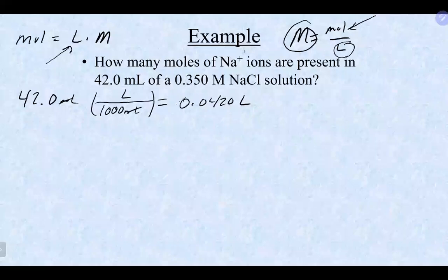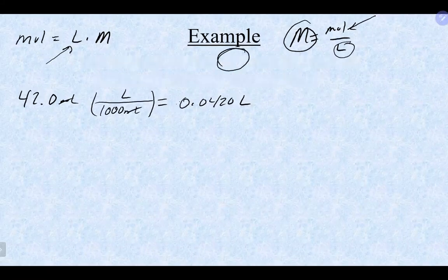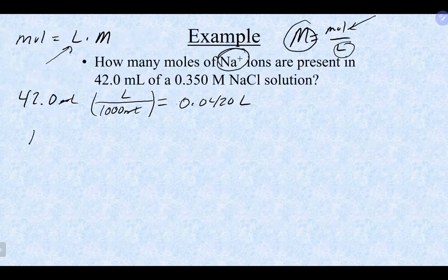In this particular case, though, we are interested in really just the sodium ions, not the entire thing. So sodium chloride would break apart into a sodium ion and a chloride ion.